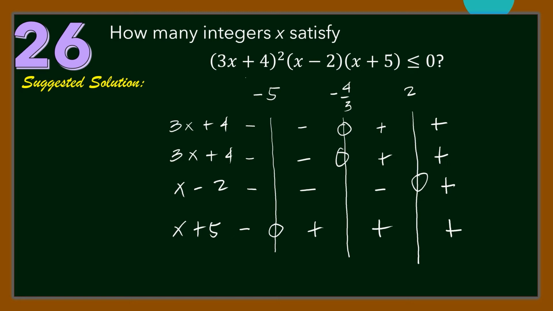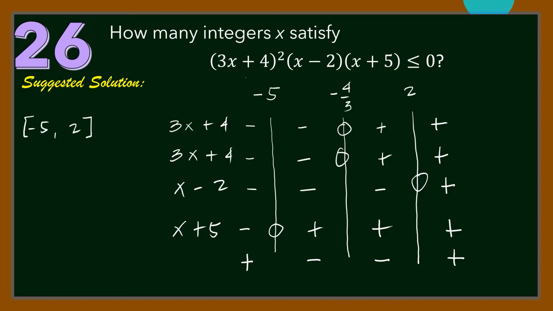Multiplying all values in each interval, we have positive, negative, negative, and then positive. Hence, the solution to this inequality is the closed interval from negative 5 to positive 2.